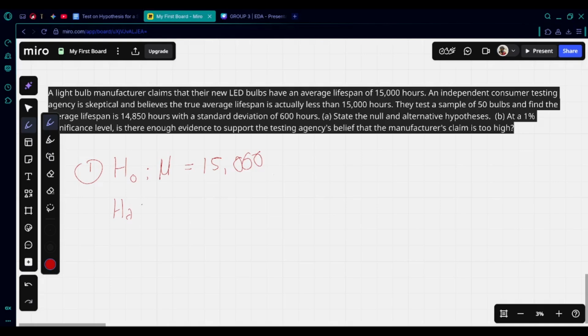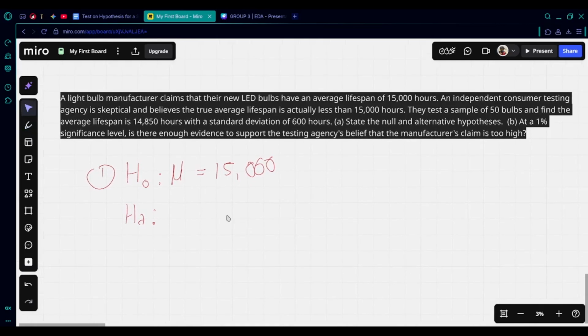So sabi sa problem, the independent consumer testing agency is skeptical and believes that the true average lifespan is actually less than 15,000 hours. So sabi, mas mababa daw sa 15,000 hours yung assumption ng independent consumer testing agency.